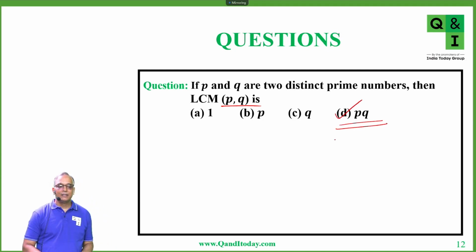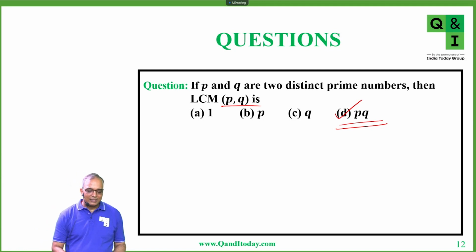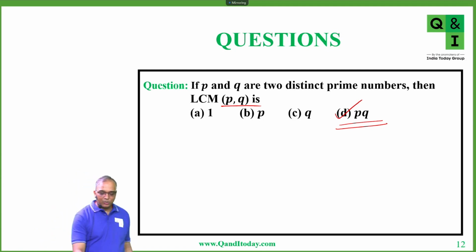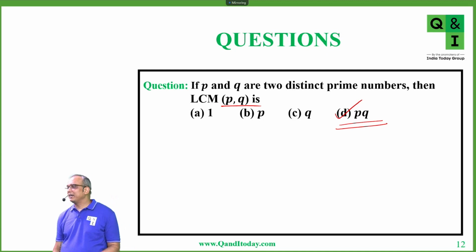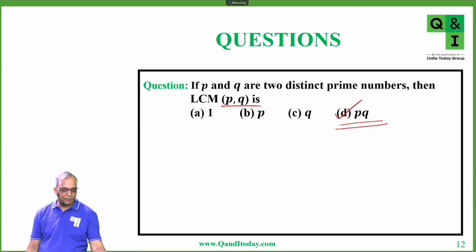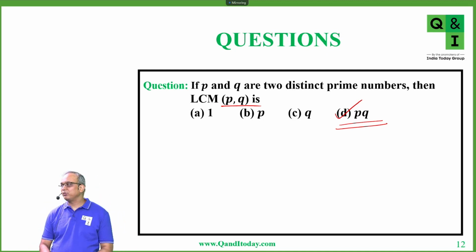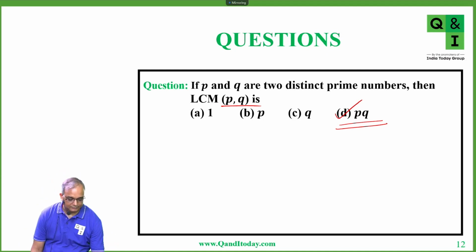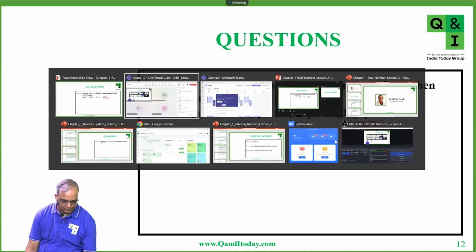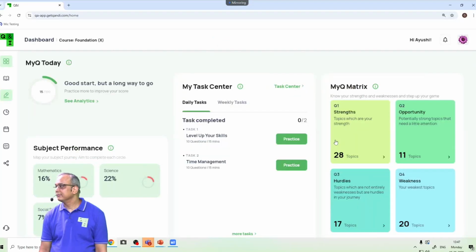Okay. Now students, you need to tell me how many of you have taken this diagnostic test, the proficiency diagnostic test. How many of you have taken this test? There is only one student, I suppose, who has taken.